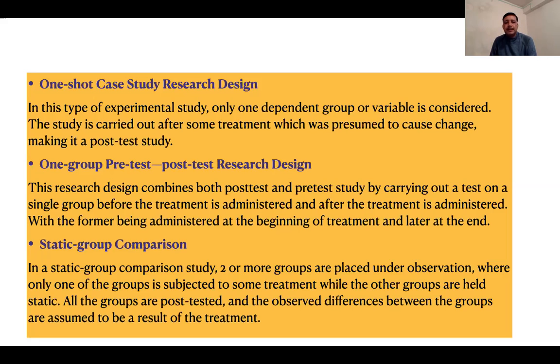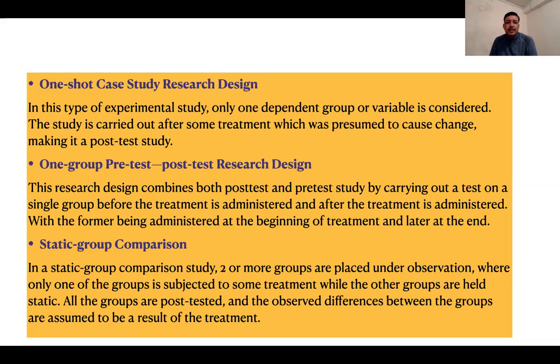It means here a pre-test and, after the treatment, a post-test are also administered. This research design combines both post-test and pre-test study by carrying out a test on a single group before the treatment is administered and after the treatment is administered, with the former being administered at the beginning of the treatment and the latter at the end. This is about the pre-test, post-test research design.